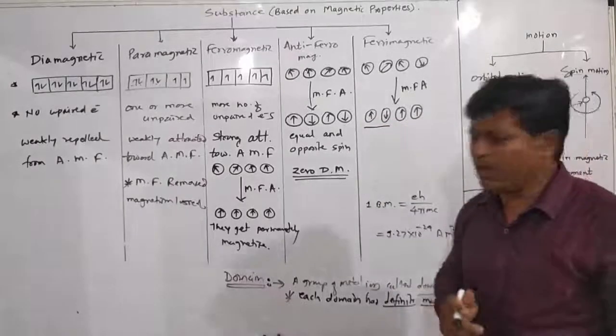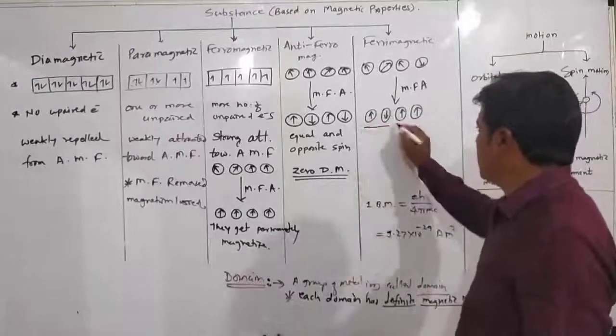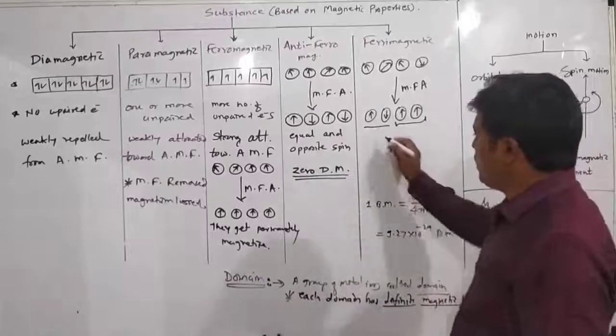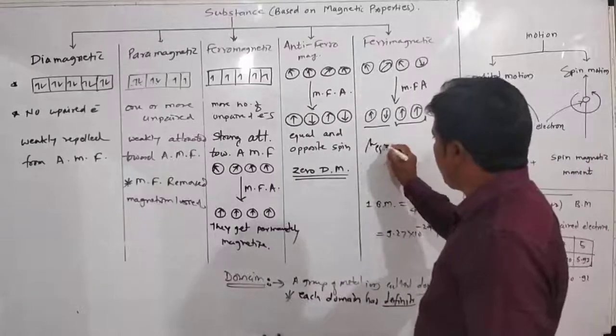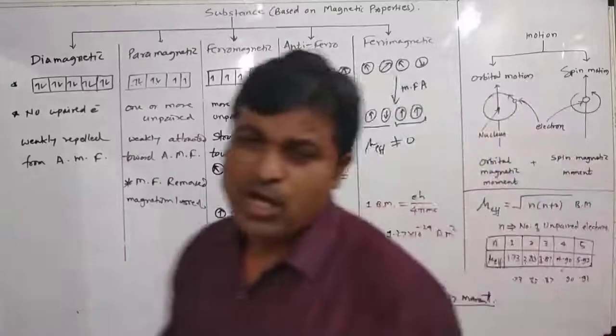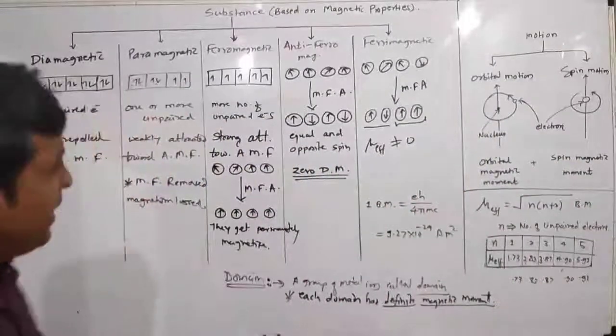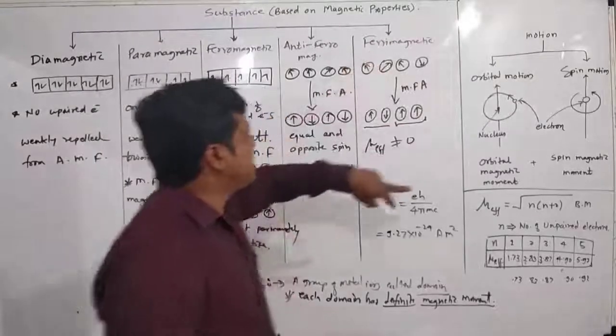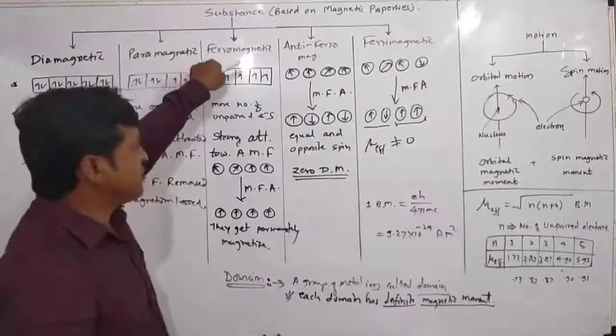Because magnetic moment is a vector quantity, they cancel with each other, but some remains non-zero. So here mu effective is not equal to 0. It has some net dipole moment. The dipole moment of a ferrimagnetic substance is less than that of a ferromagnetic substance.